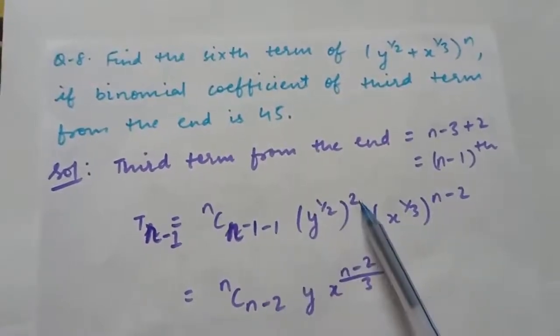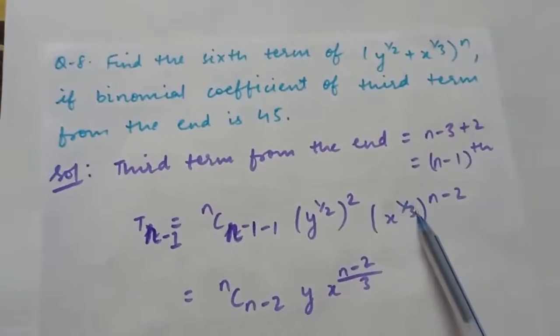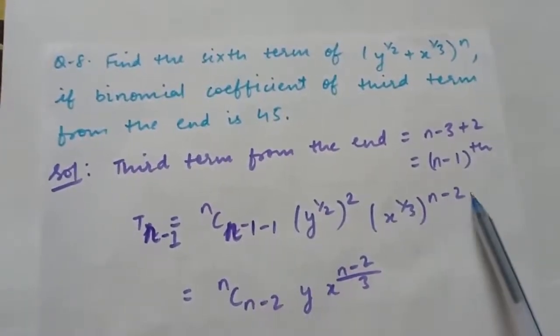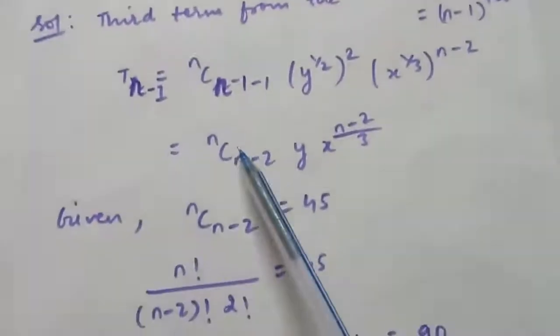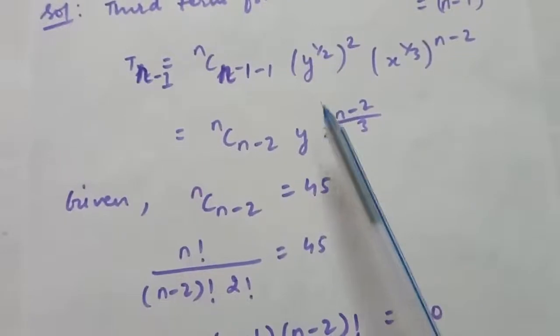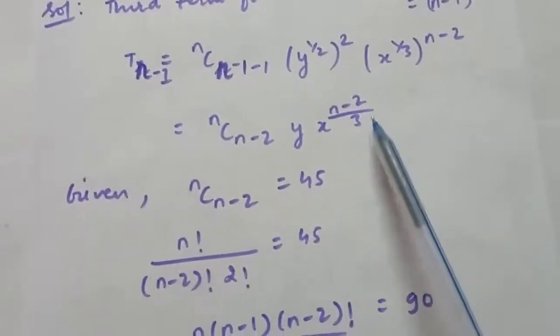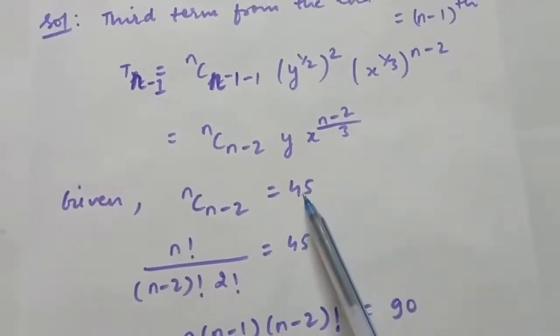So you will get it as 2, and into x raised to the power 1 by 3 raised to the power this number only, that is n minus 2. So you will get nC(n minus 2), this will become y into x raised to the power (n minus 2) upon 3, right?